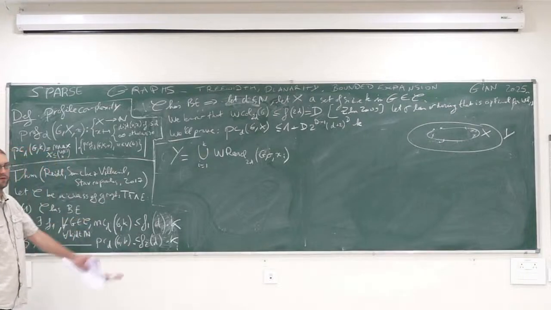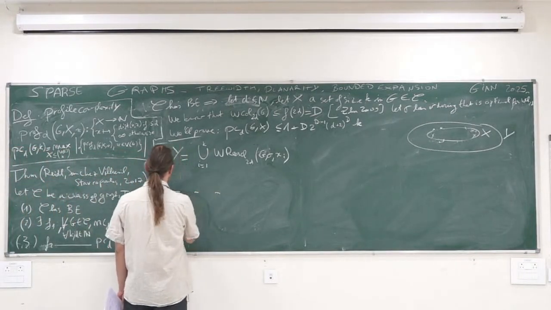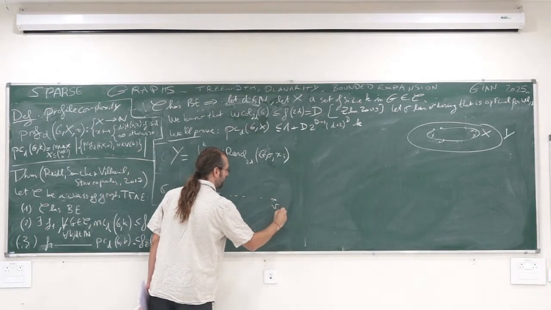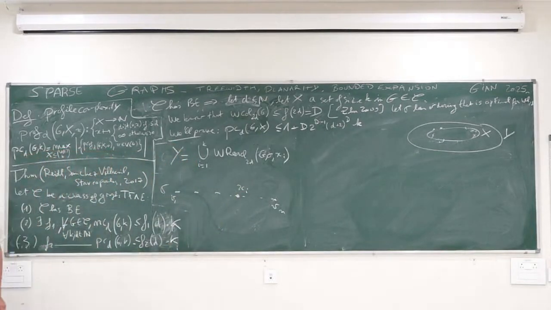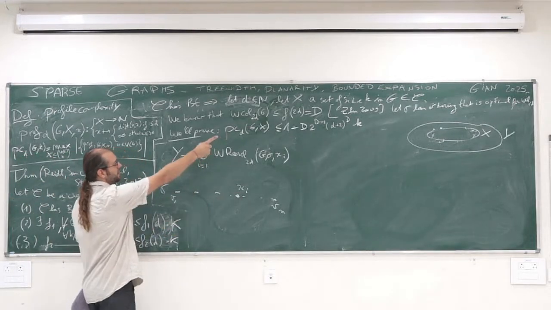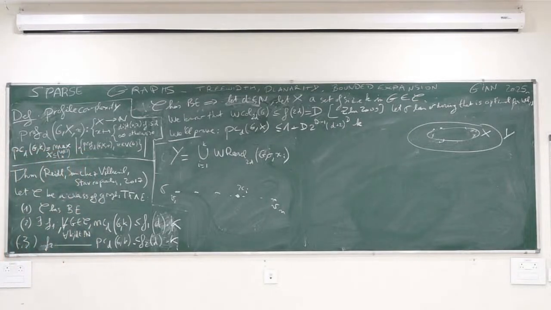So remember what is weak reachability? I have my order sigma over v1 to vn. Somewhere I have my xi here, which is in X. I don't know anything about this ordering, but what I know is that it's a good ordering for the weak coloring number. It is not too big. That means all these reachability sets are small.